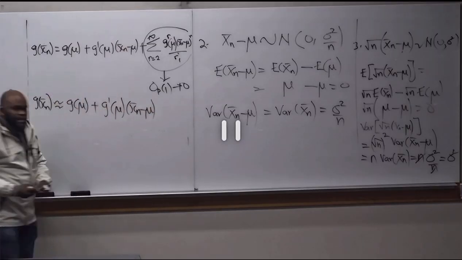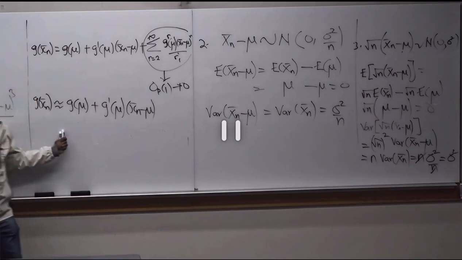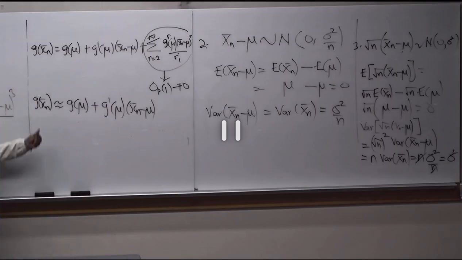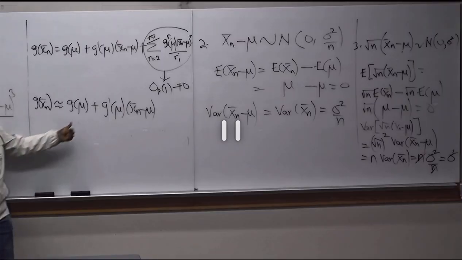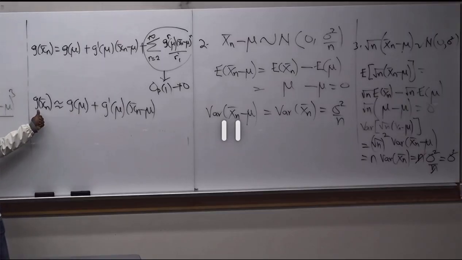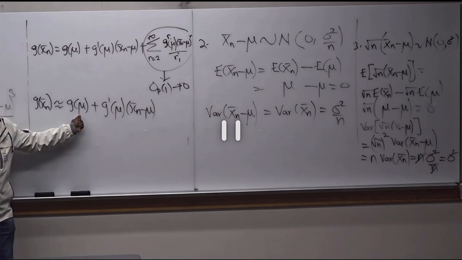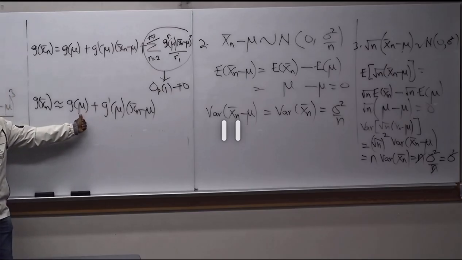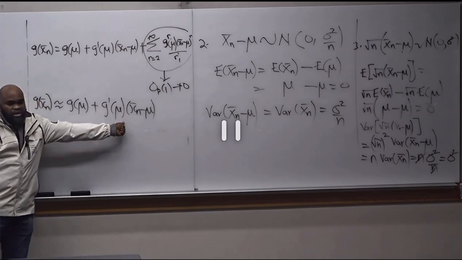Take a look at that. This is what we're just going to use. Now, you know what we're trying to say? The function of a sample mean is approximately, if this is an estimator, this would be the parameter. This is a function of the sample mean. This is a function of the population mean with this difference.